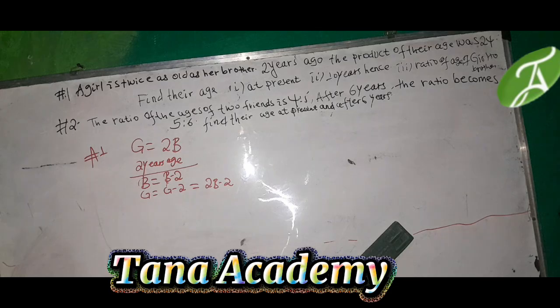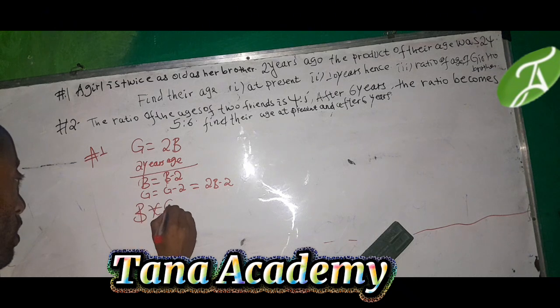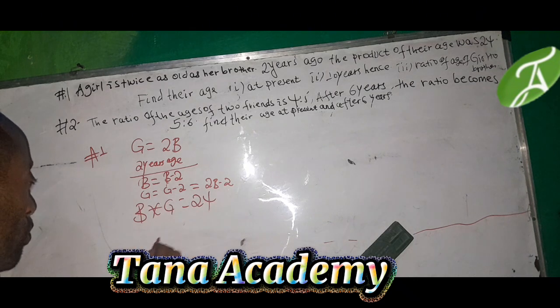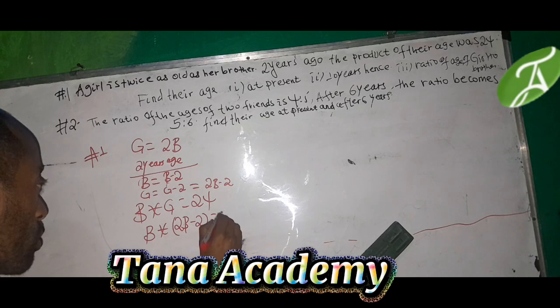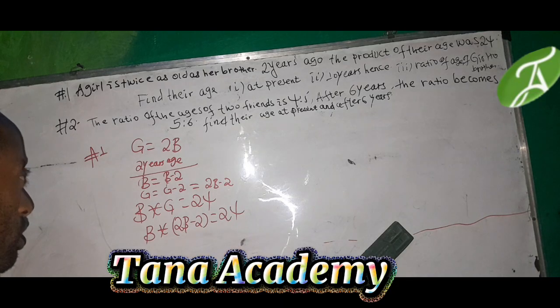The product of their ages is 24, so B times (2B minus 2) is equal to 24. Sorry, it is B minus 2 for the brother.